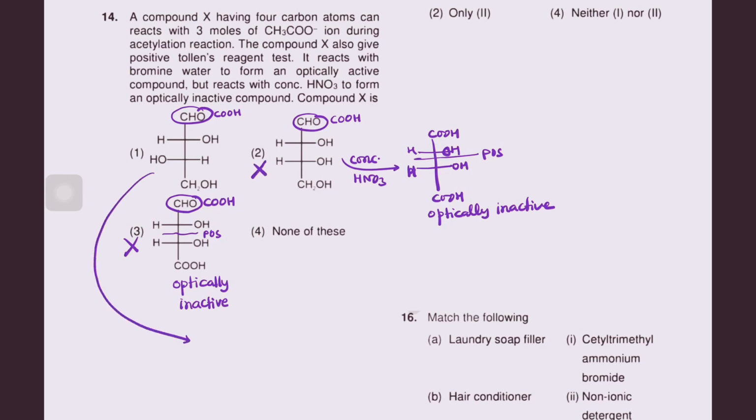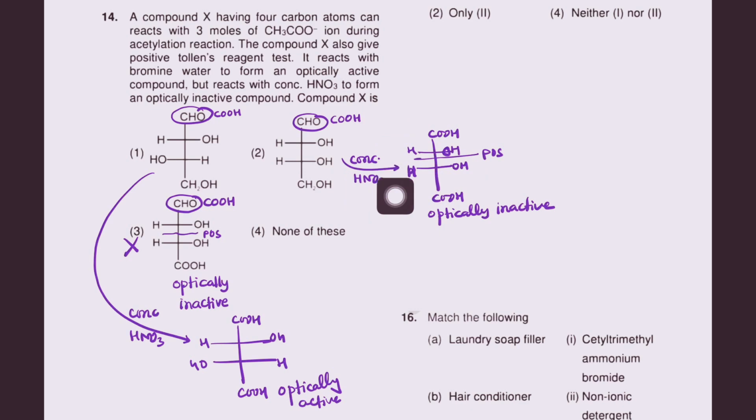Now if you treat this with concentrated nitric acid, okay, wait a second, this is not discarded. COOH, and this is OH, OH, H. This is still optically active, and this one is optically inactive. But it is saying HNO3 forms an optically inactive compound. So your correct answer should be the second one. For the 14th, it is the second option.